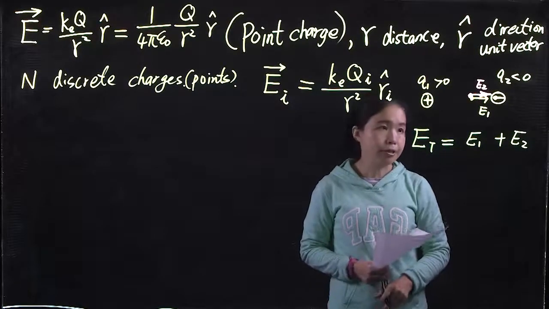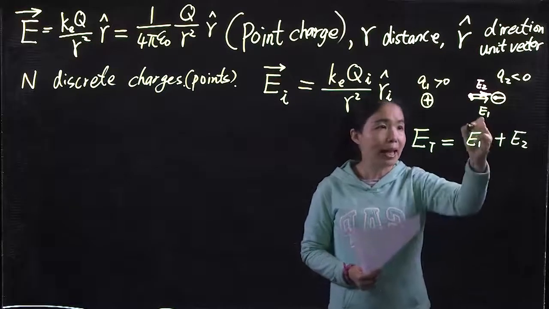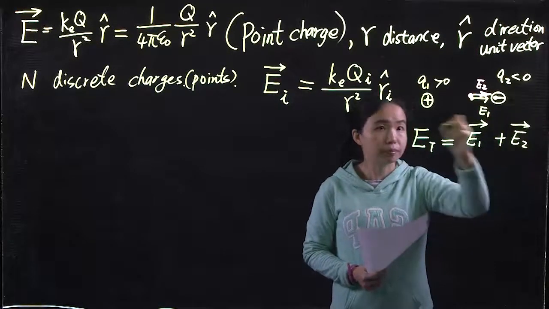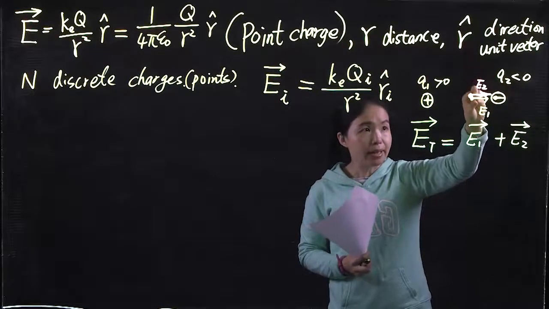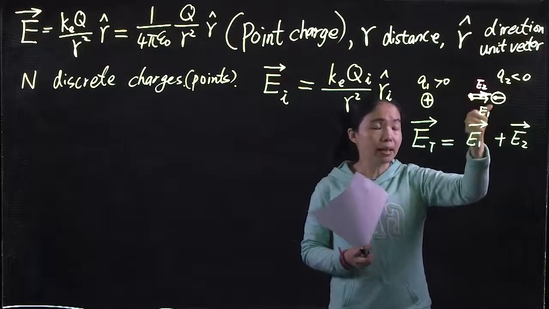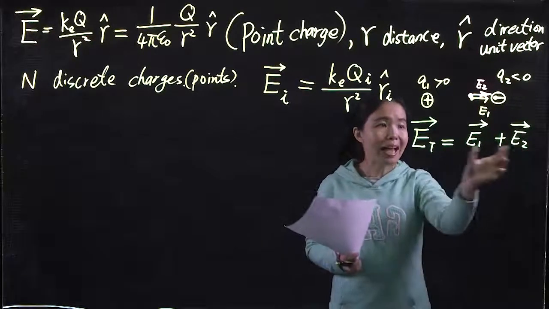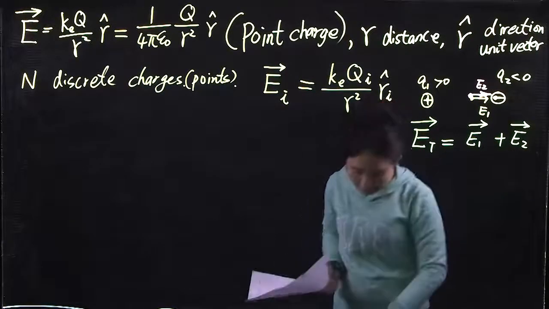However, it is dangerous to add them together. Keep in mind, the E fields are vectors. When they are in the same direction, the two values add directly. However, in some other situations, these two values can be in opposite directions. So when you add two vectors, you have to consider their directions and cannot add them directly.